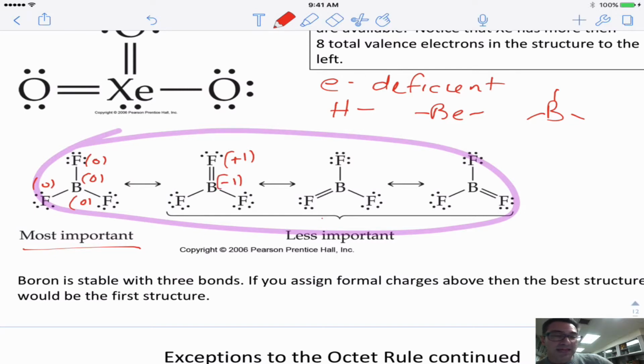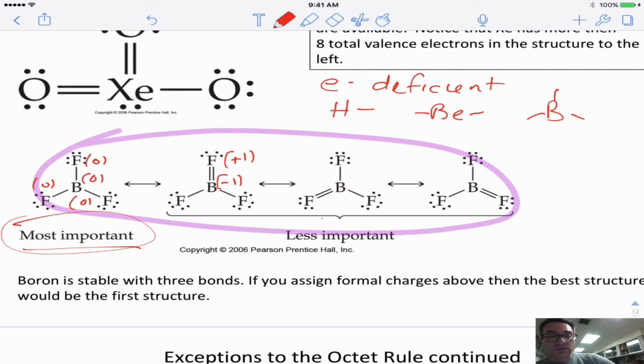That wouldn't make any sense, because basically if we were to look at coordinate covalent bonds, we'd see that F is giving up its electrons to boron, and that doesn't happen. F is so electronegative that the chances of it actually giving a double bond are pretty much 0. And so these structures, they don't really exist, only this first structure. So boron will form 3 bonds.